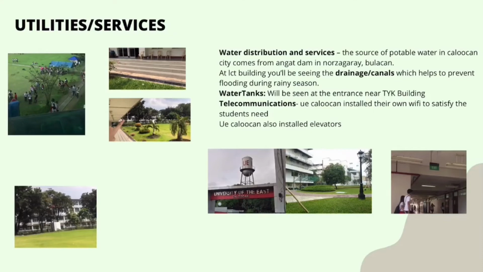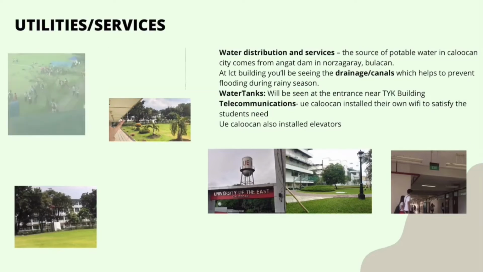The water tanks can be seen at the entrance near the TYK building. For telecommunications, UE Caloocan installed their own Wi-Fi to satisfy the students' needs. The university also installed elevators for students, professors, and janitors who need to go to upper levels.